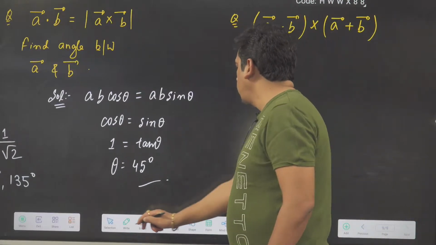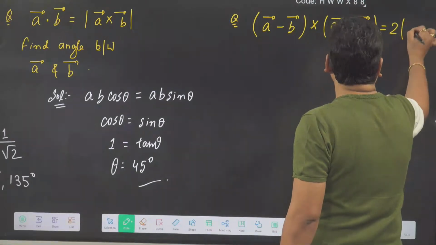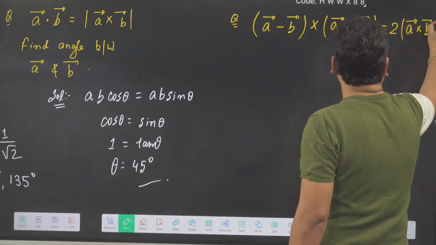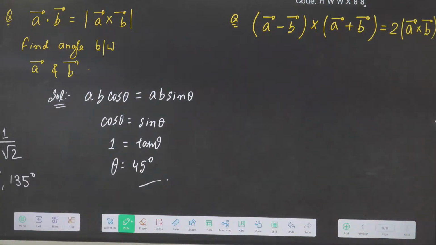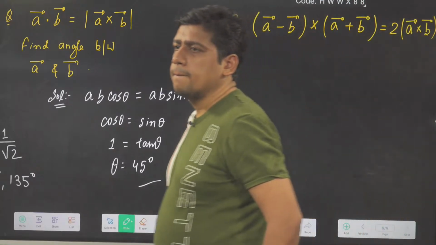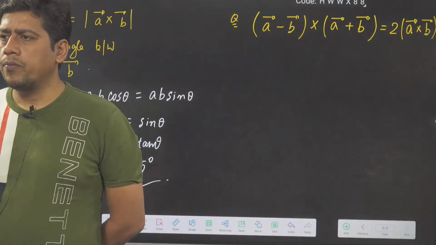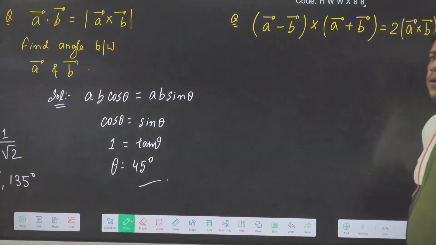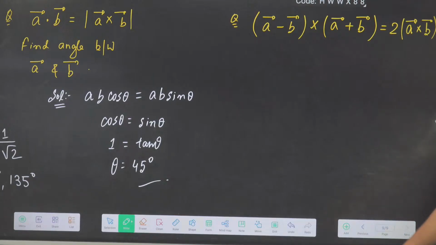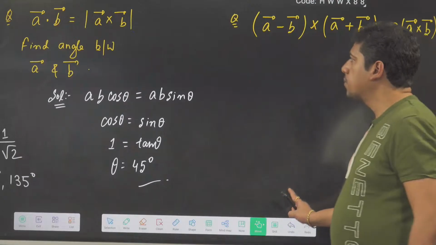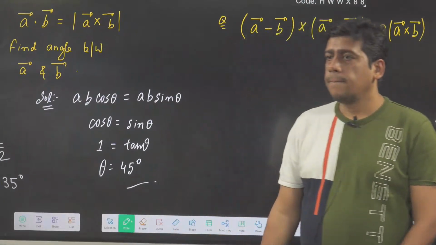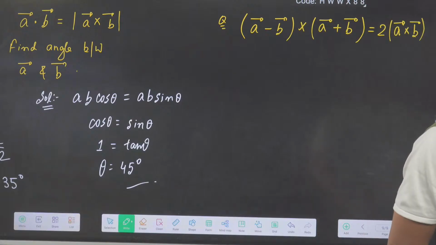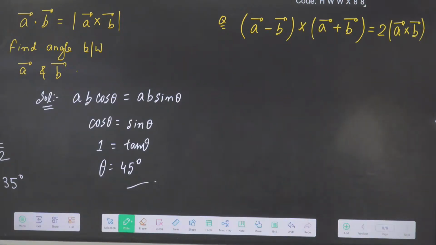You prove it that this is equal to 2 times A cross B. Prove it. LHS equal to RHS. Come on. Simplify it.